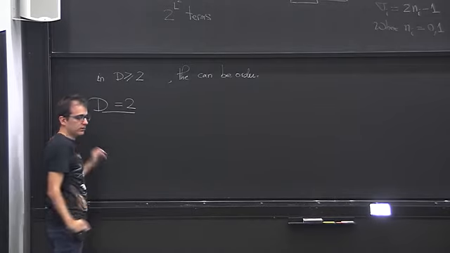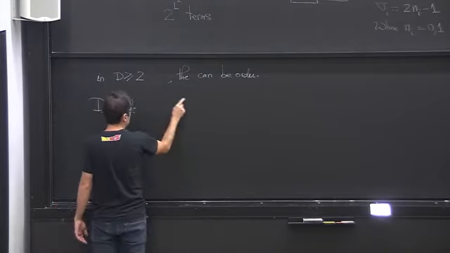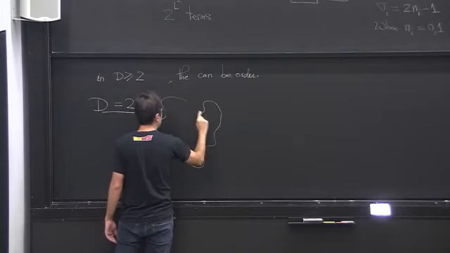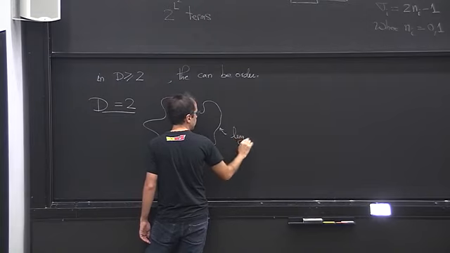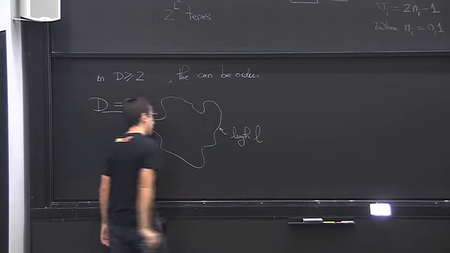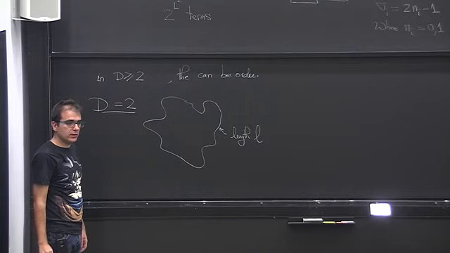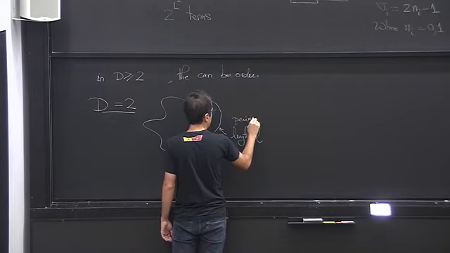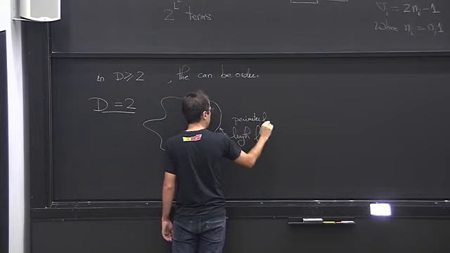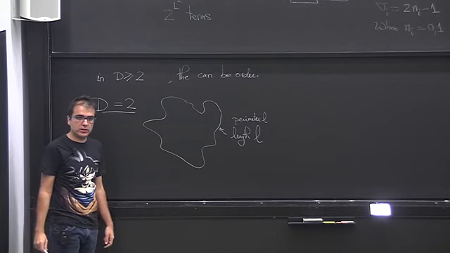So let's check for d equals 2. Now we have some domain, and let this domain have length L. The length is the perimeter, yes. So let this have perimeter L.